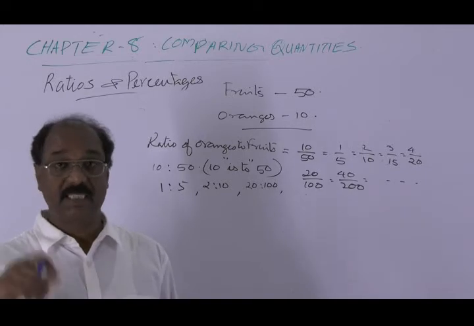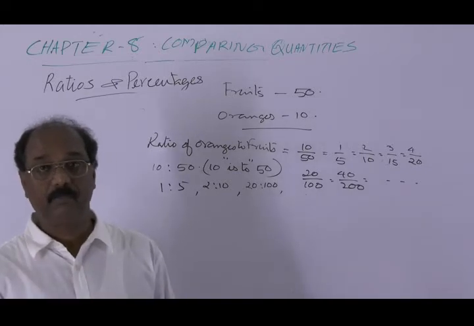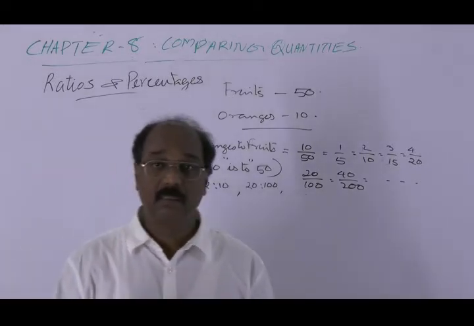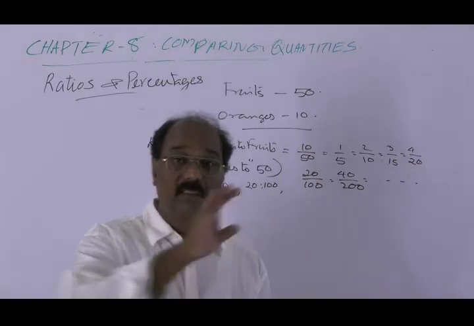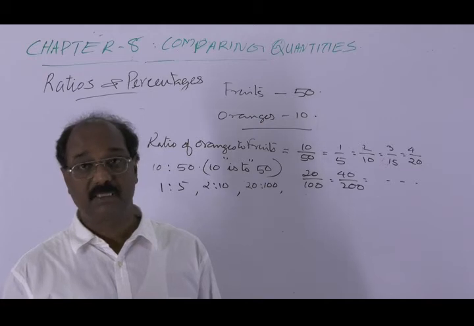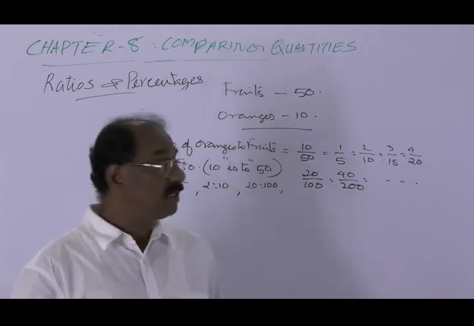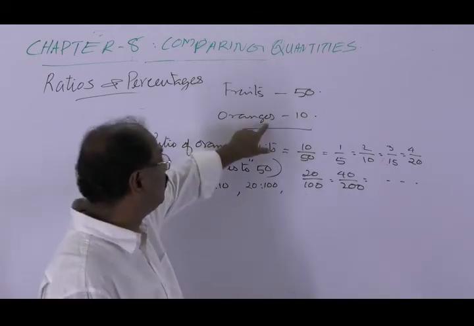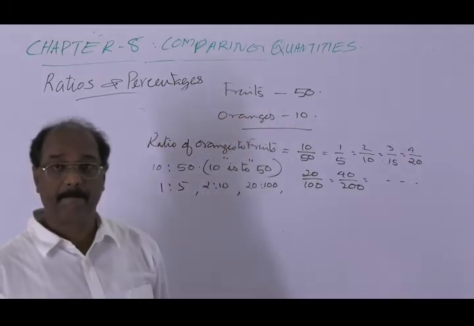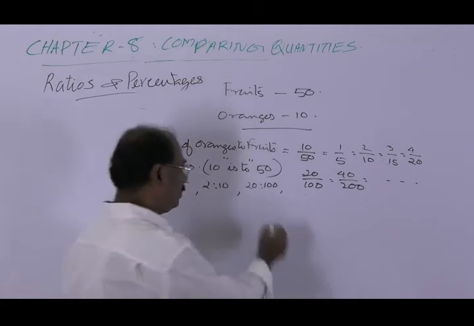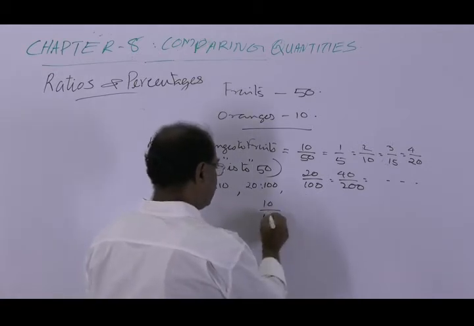Now come to the percentage. Percentage means for 100 how much or how many. That is percentage. And now here we can find the percentage of oranges in this collection of 50 fruits. So we have this 10 by 50, the ratio.